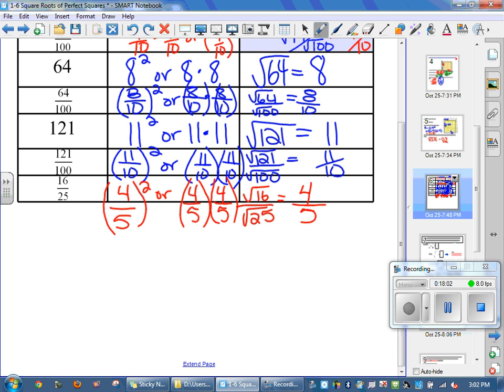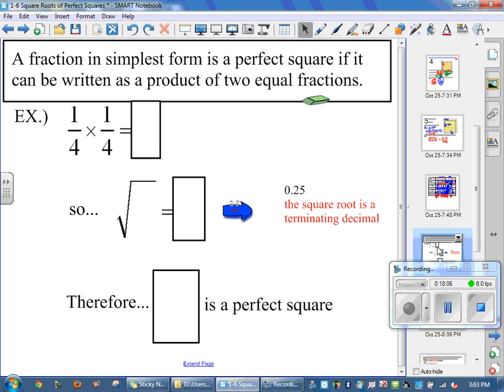Okay, now let's take a look at fractions. They say it is in simplest form of a perfect square if it can be written as the answer of 2 identical factors. So, is my perfect square an answer of perfect square? Absolutely. 1 times 1 will give me 1. 4 times 4 gives me 16.